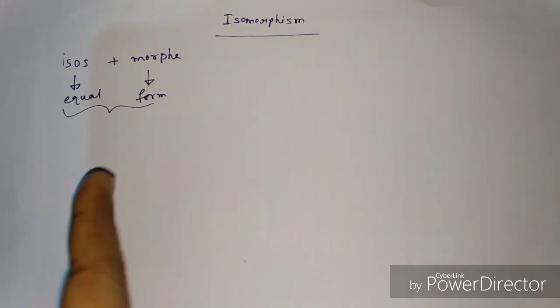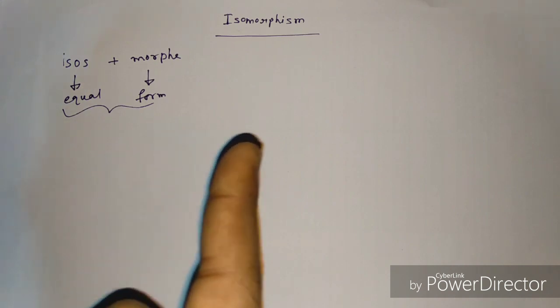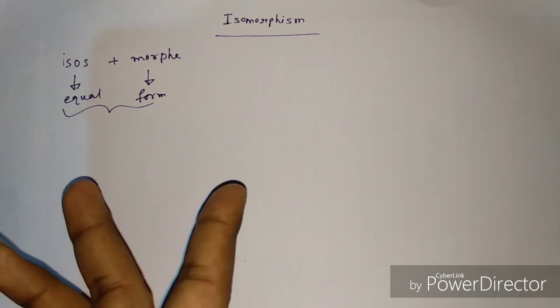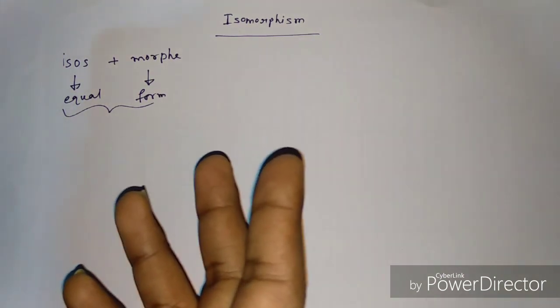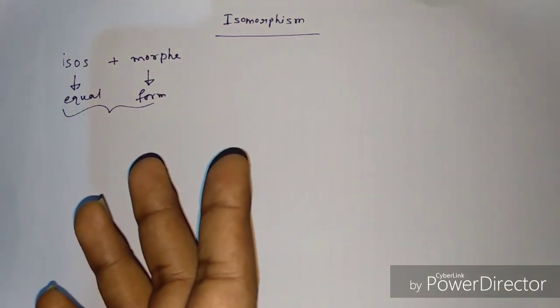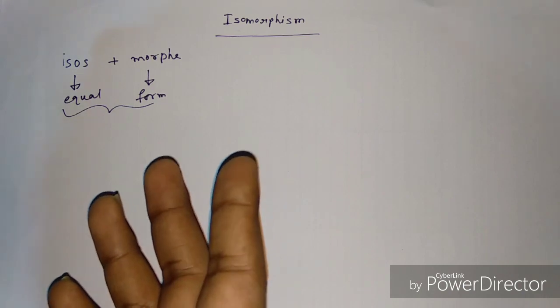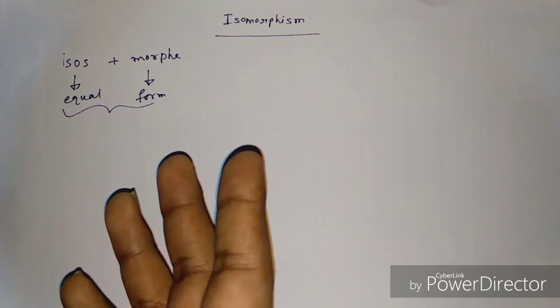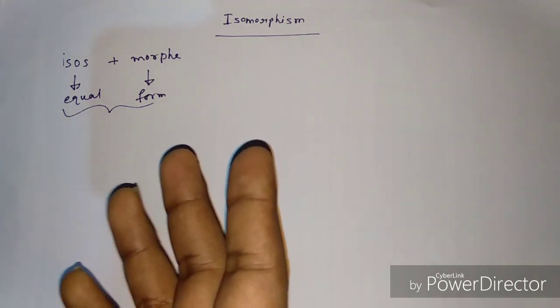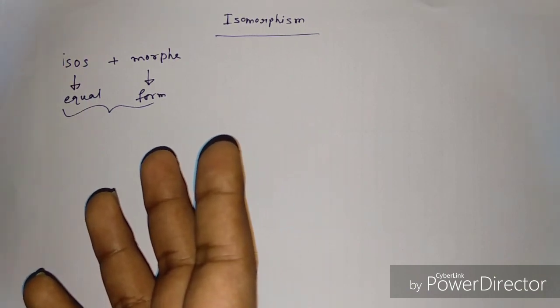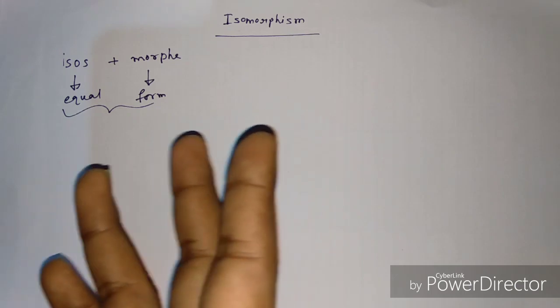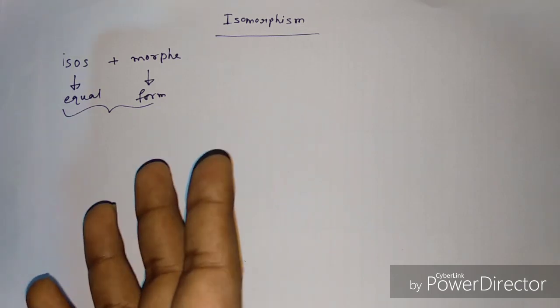Suppose two different ionic compounds form crystals in the same form, or maybe three crystals also present, but most of the time there are two crystals, and they form the same type of crystals, the same form. These types of crystals are called isomorphous crystals.